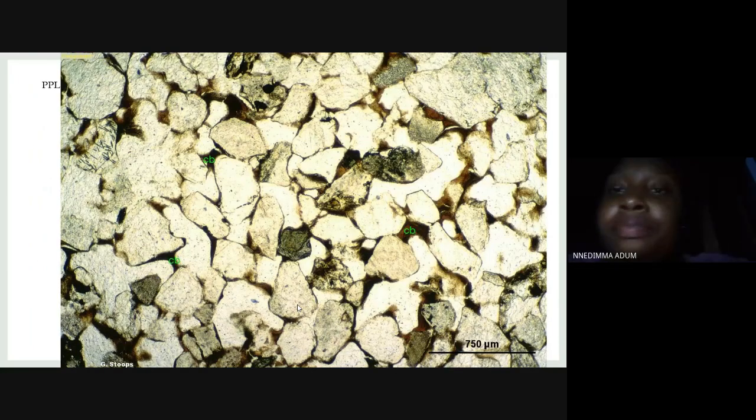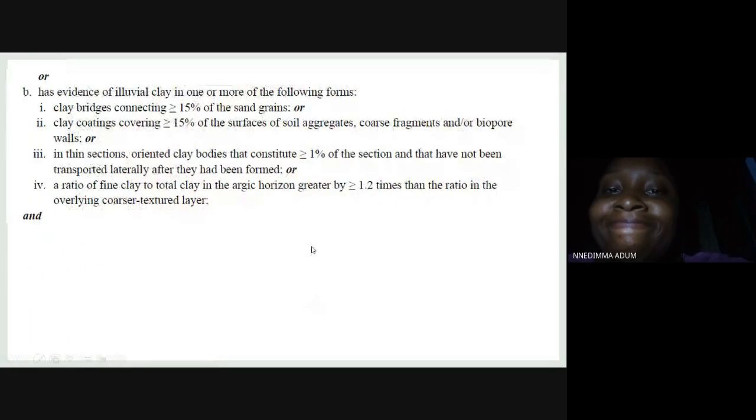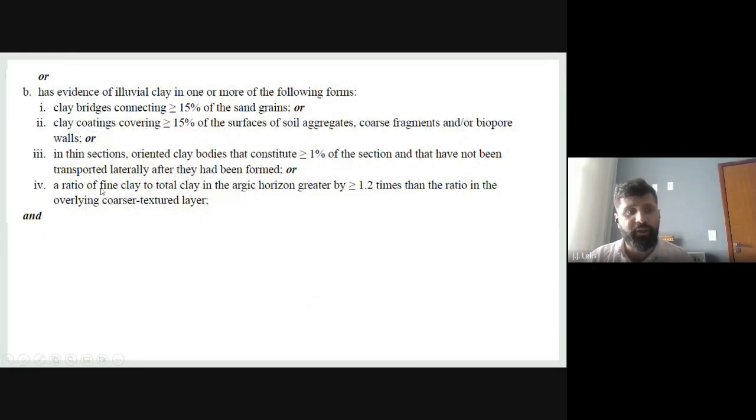And if we calculate a ratio between the fine clay and total clay contents, and this ratio is equal or higher than 1.2, we also could identify the argic horizon, okay?